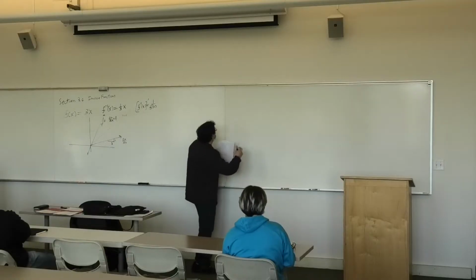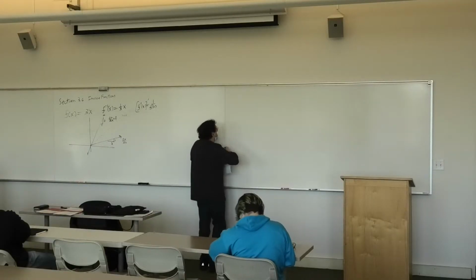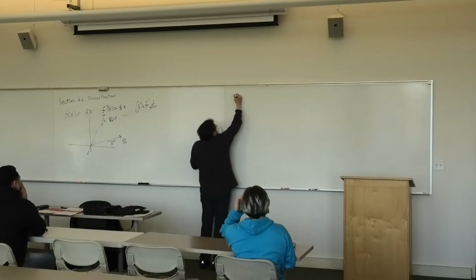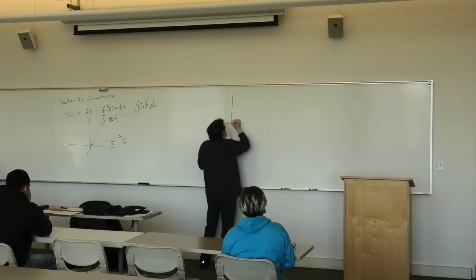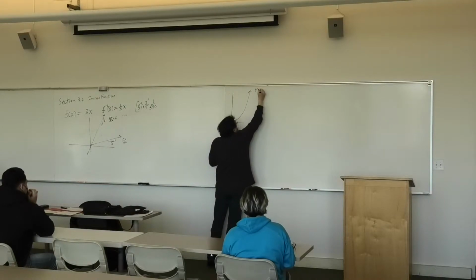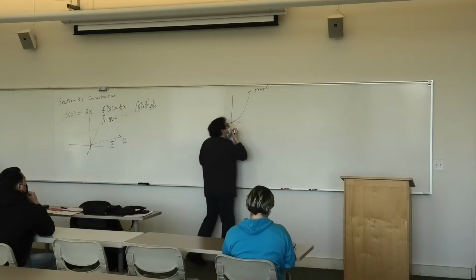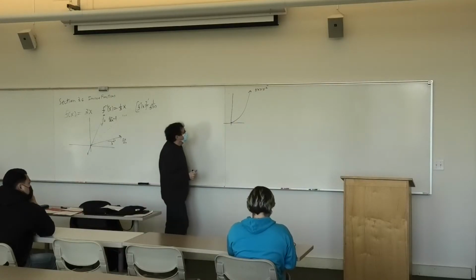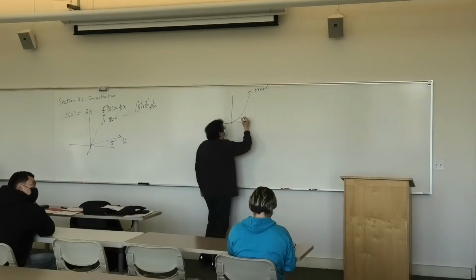So to do that, I'm going to look at a representative function. I'm going to draw a parabola. This happens to be f of x equals x squared. And I'm going to think again about how we find the derivative of this.